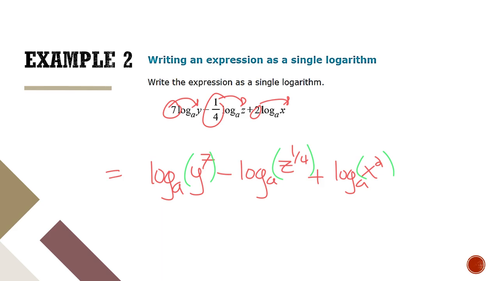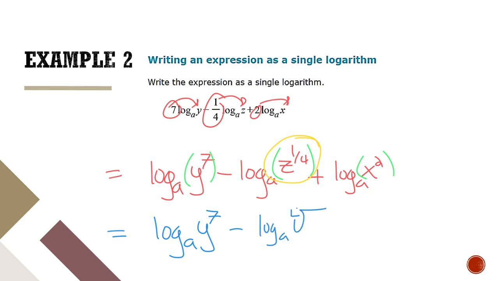So now, the first thing I like to look at is this, and rewrite that as a fourth root. So when I do that, this is the log base a of y to the 7th minus the log base a of the 4th root of z, and then plus the log base a of x squared.